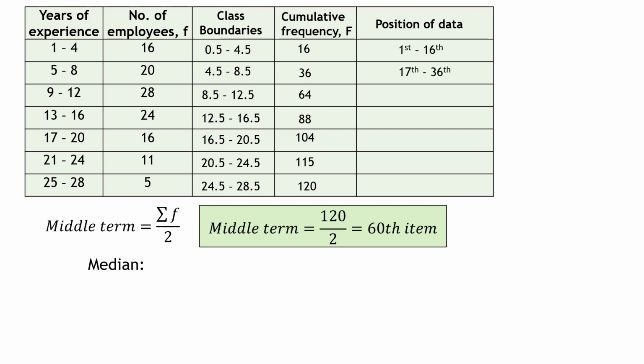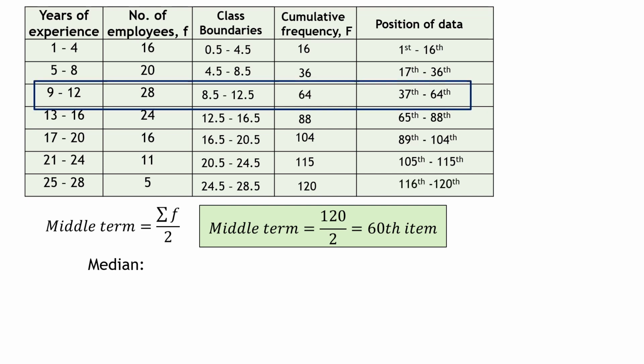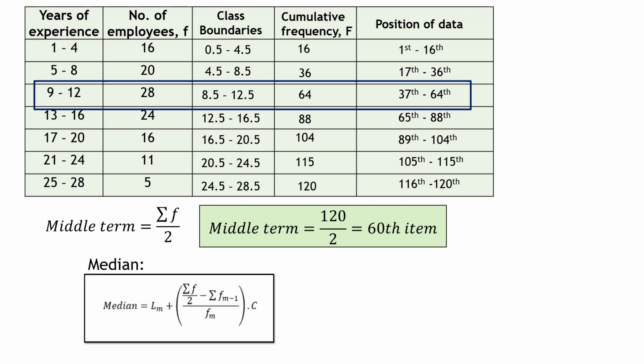You start with the first observation until 16, because the cumulative frequency is 16. And then 17 until 36, because cumulative frequency is 36. And then 37 to 64, 65 to 88, 89 to 104, 105 to 115, 116 to 120. Because the middle term is the 60th item, this class interval contains the median.